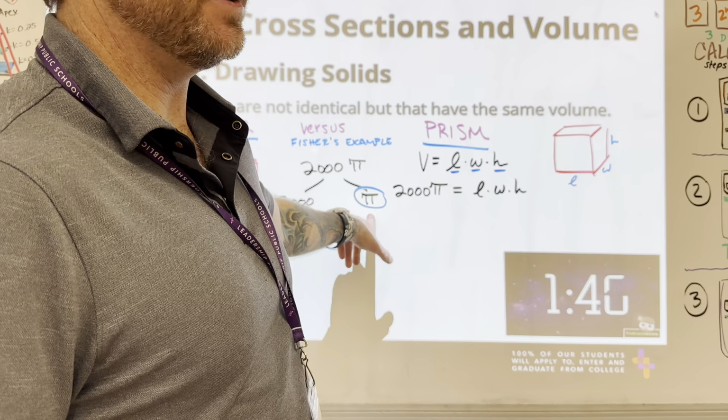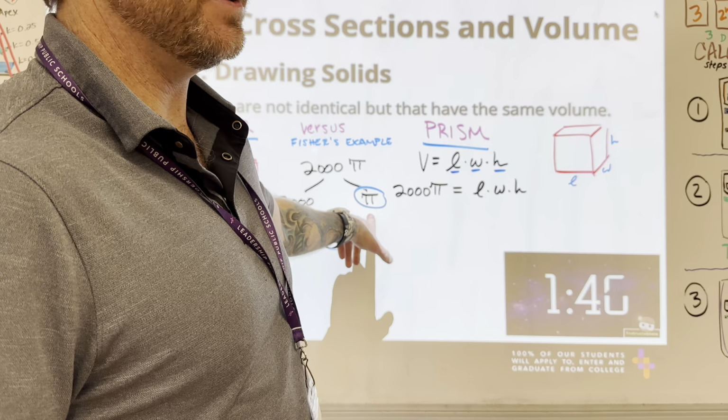So let's factor out 2,000 pi. The first two factors that I quickly see are 2,000 and pi. Now I know I need three things in the prism. I need length, width, and height.